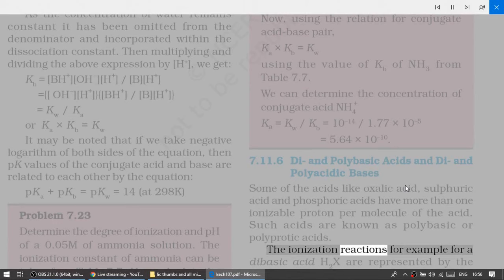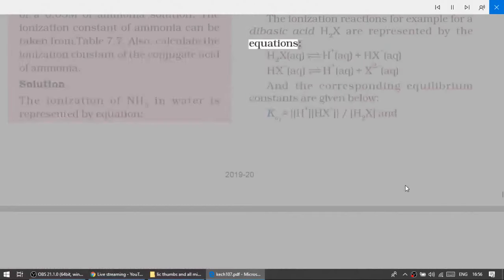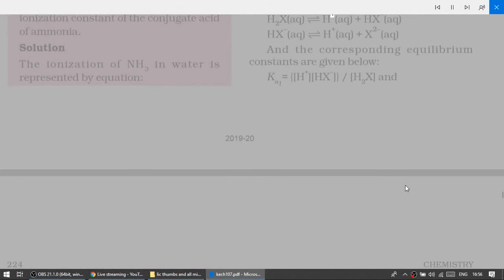The ionization reactions, for example for a dibasic acid H2X, are represented by the equations H2X(aq) ⇌ H⁺(aq) + HX⁻(aq) and HX⁻(aq) ⇌ H⁺(aq) + X²⁻(aq), and the corresponding equilibrium constants are given below.